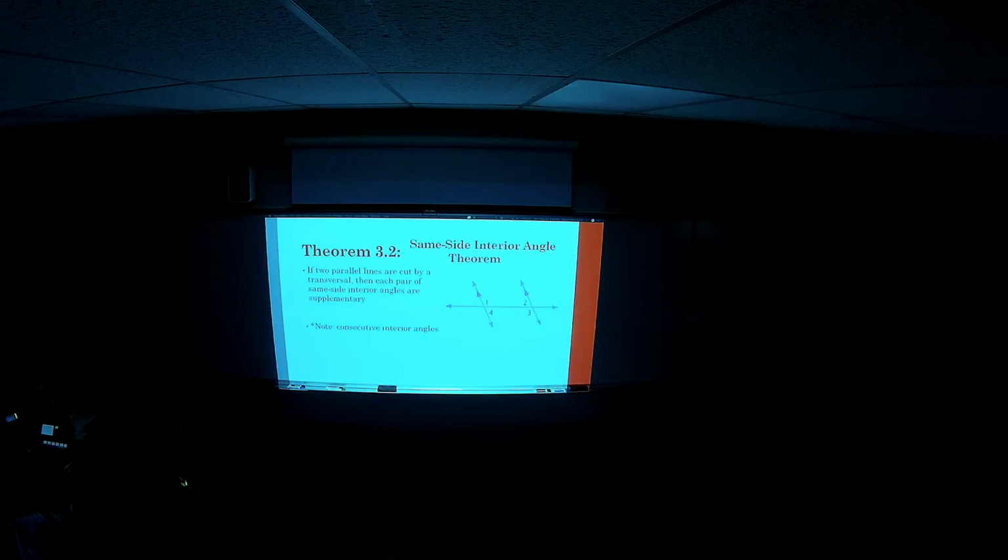So the exterior angles would be like this angle here, which I called 5 earlier, and I can call this one 6. 5 and 6 also have to be supplementary because of how this theorem works. It's the same proof, but same side exterior angles are also supplementary. So that's just something you need to realize. They don't have a theorem, which I think is really odd. Usually every theorem always has its other pair somewhere down the road. They don't do that. Whatever.